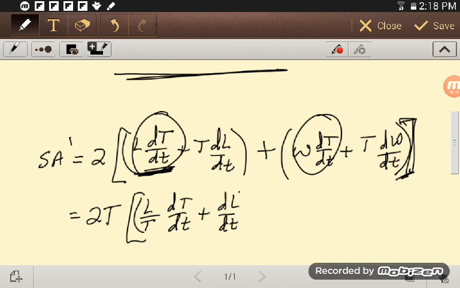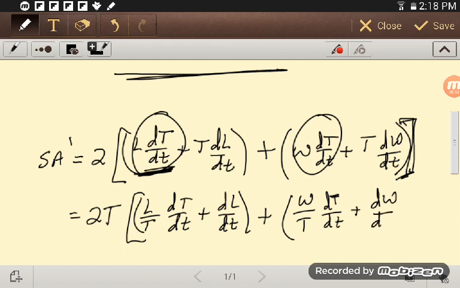I would have that if I factored that uppercase T out, and similarly here, I would need an uppercase T under there with my W, and then plus dW dt.